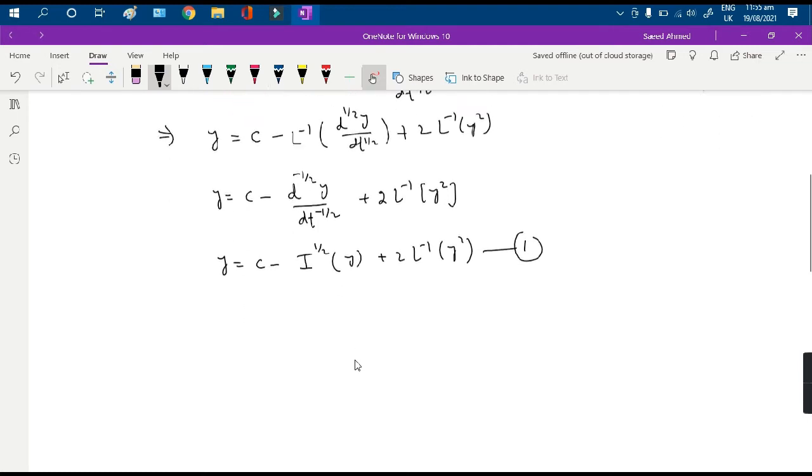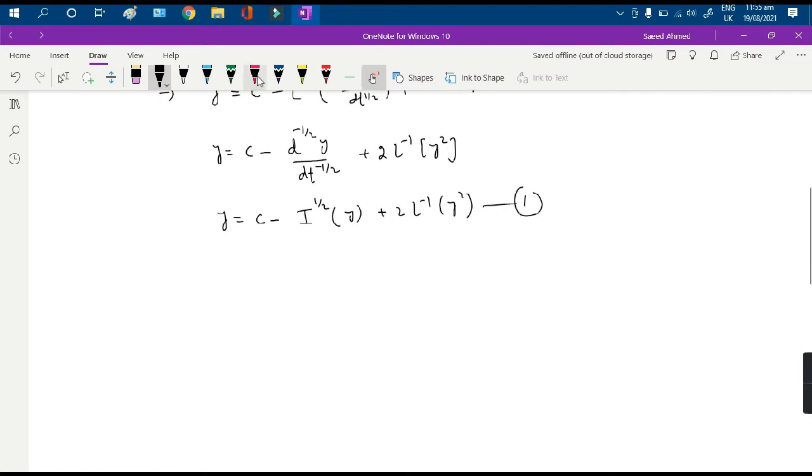Now we have to define our y. We have to decompose it under the Adomian decomposition method. As we know, y is decomposed as an infinite series, the sum over n from 0 to infinity of y_n, which is nothing but y0 plus y1 plus y2 and so on. We have to retrieve these components in order to get our solution y. So for y we have this decomposition, and for the nonlinear term we have a different decomposition.